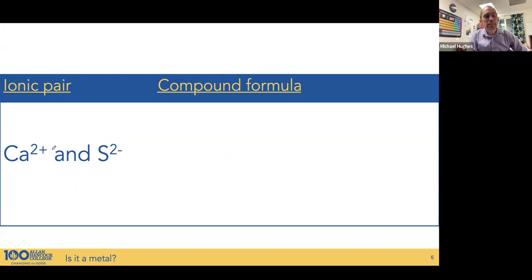Calcium 2 plus and sulfide 2 minus. Already we have 2 plus, 2 lost electrons, 2 gained electrons. So our charges already sum to zero. So we just put them together, CaS.